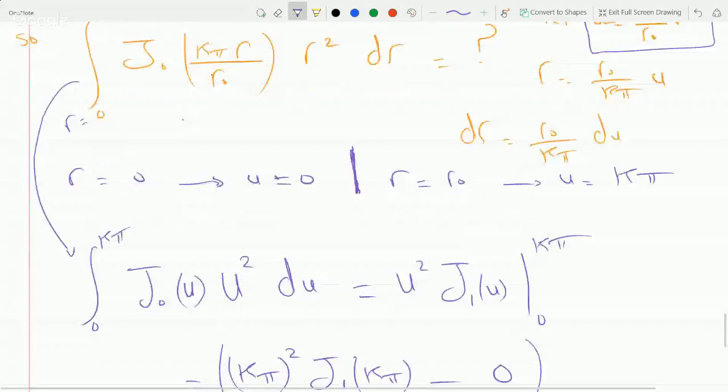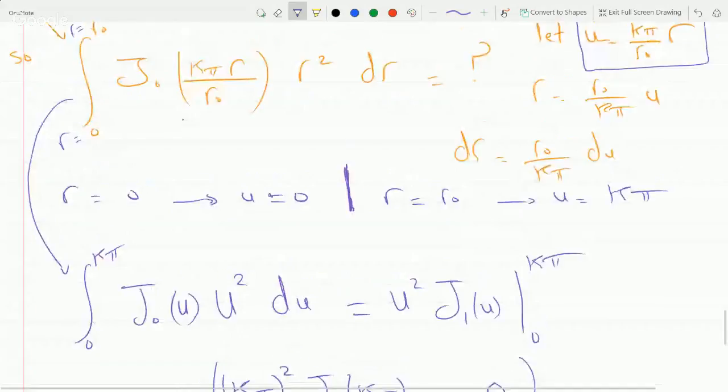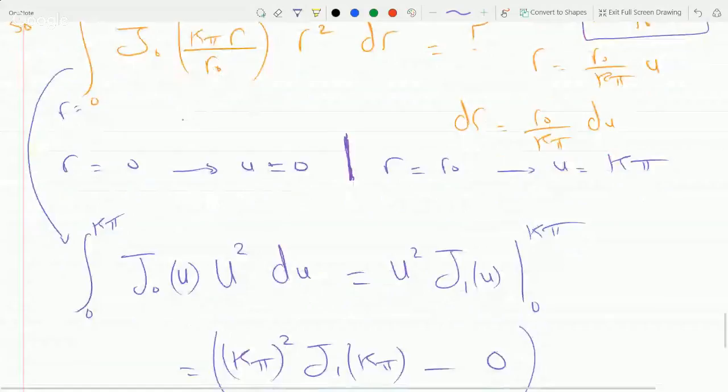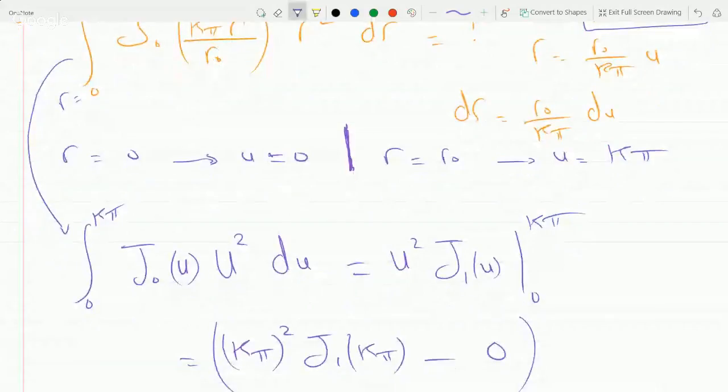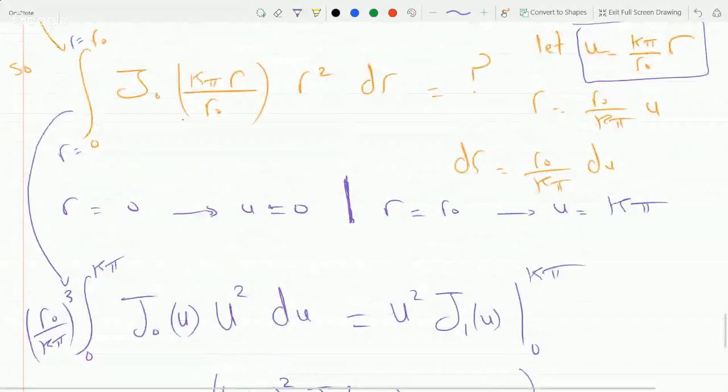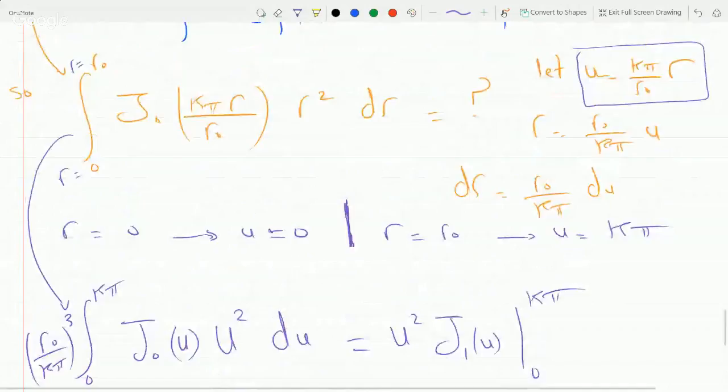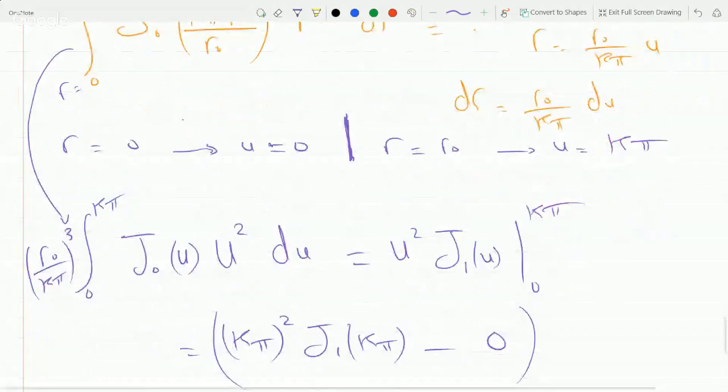Oh yeah, the du. I forgot the factor of u, which turned out to be r0 over k pi cubed, because there was originally an r squared. R squared is r0 over k pi squared, and there's another r0 over k pi coming from the gr, so that makes it r0 over k pi cubed.